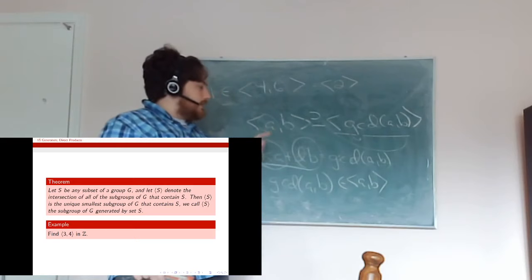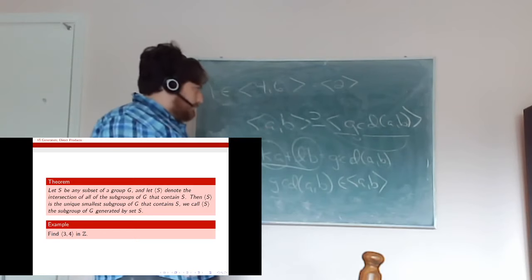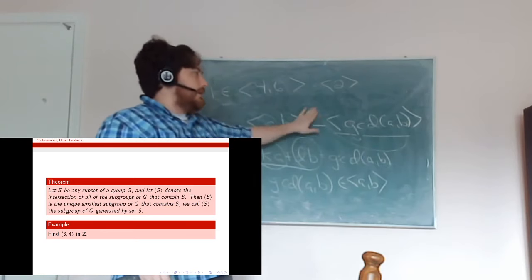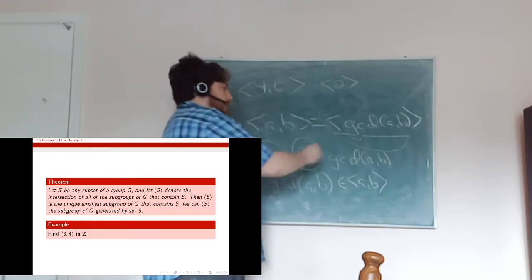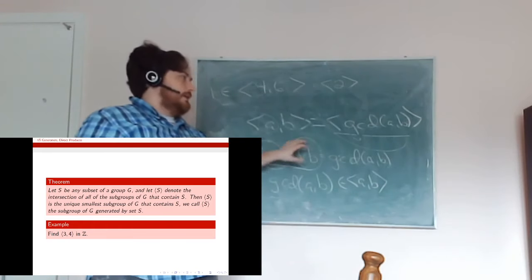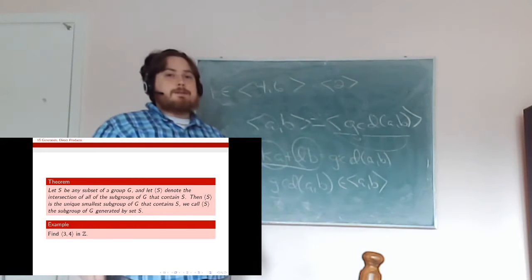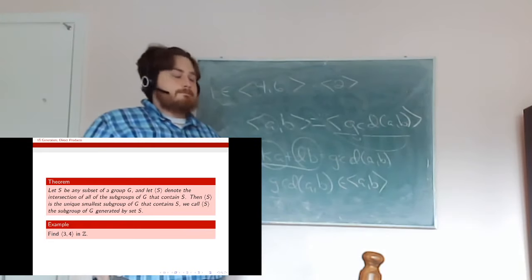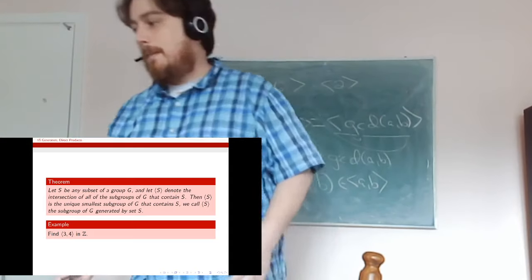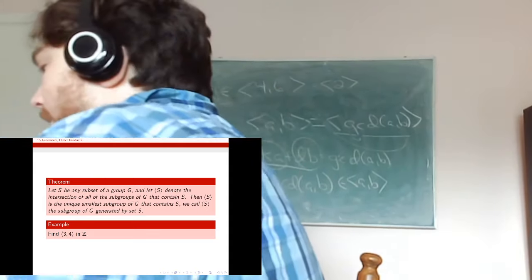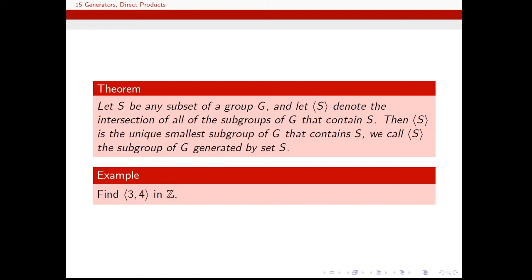So this is a subset of this. And we will indeed, in general, get that the group generated by a and b is exactly equal to the group generated by the greatest common divisor. Any questions on there?